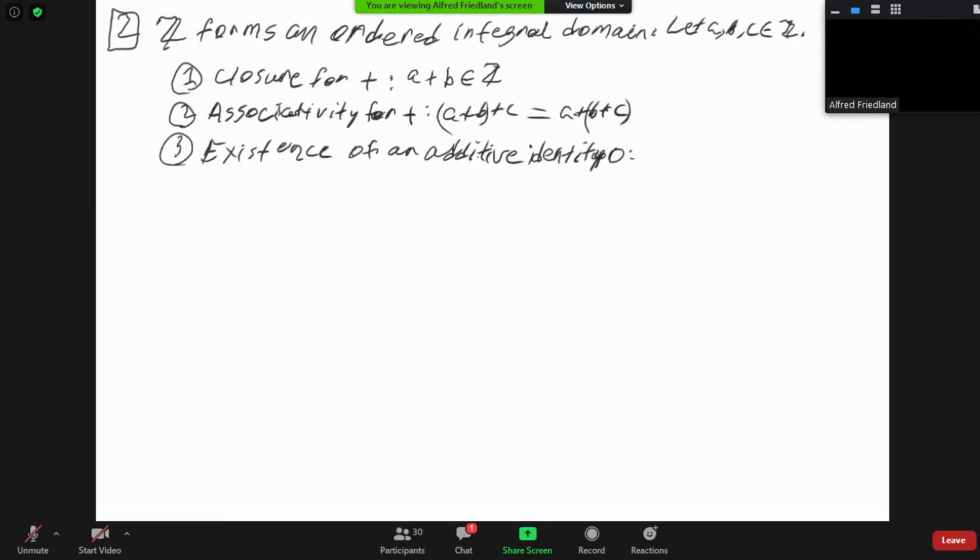So this has the property that when it's added to any integer a, on either side, you get a.